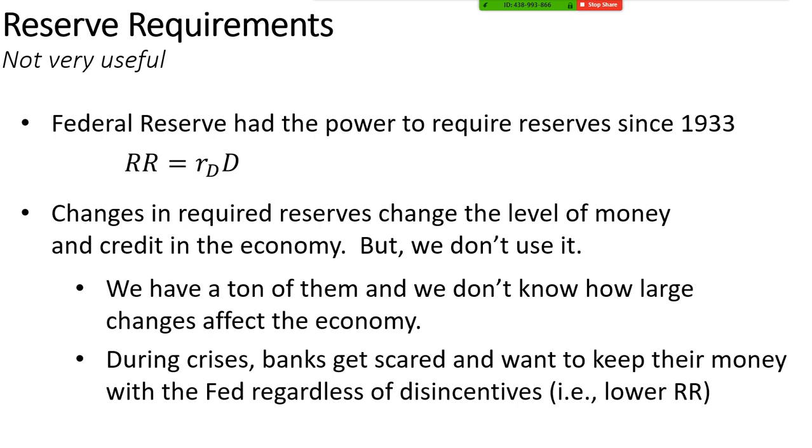Well, the answer is actually twofold. One of the reasons is practically the same as why the Fed stopped using changes in the level of reserves to affect monetary policy in general. And that's because right now there's a ton of them.